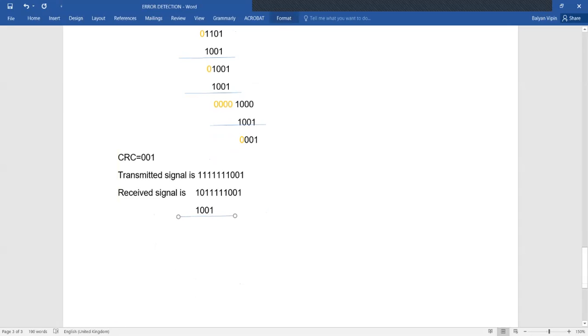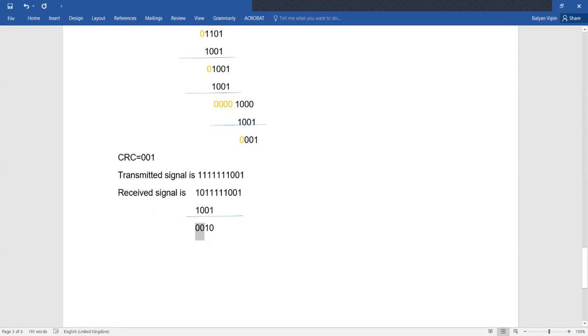If it's received with error, the answer will be something else. So here 1 and 1 same, so it's 0. 0 and 0 same, it's 0. 1 and 0 is 1. 1 and 1 is 0.